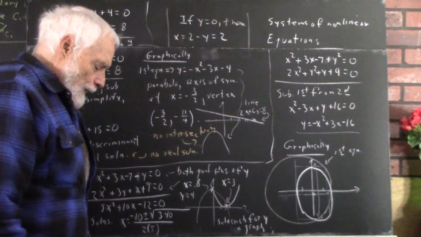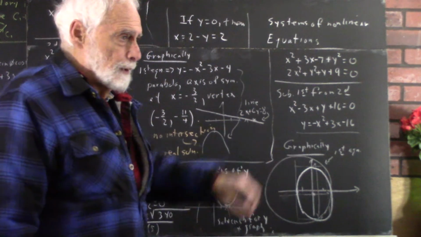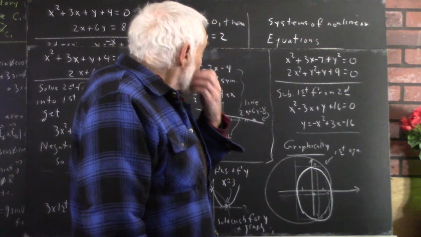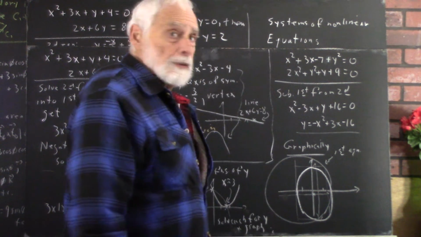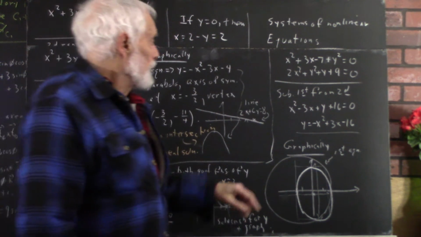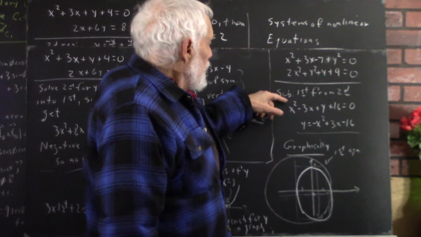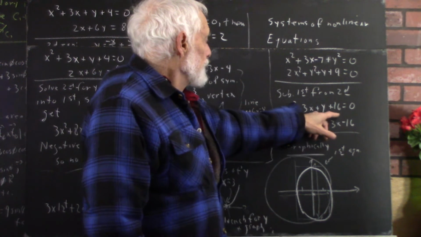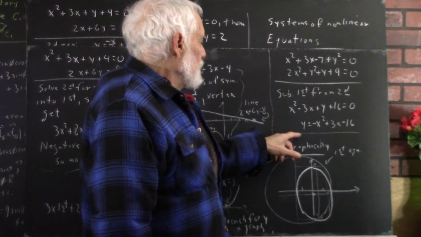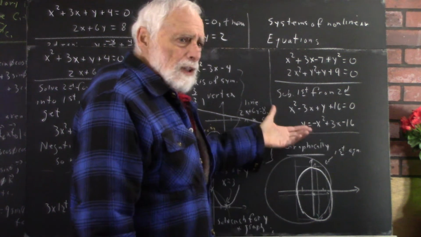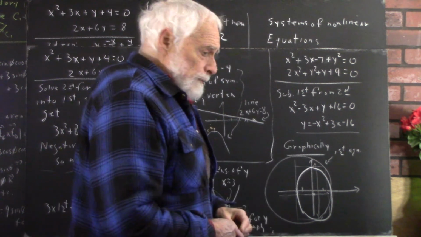Another example, it's kind of interesting, but way beyond what I'm likely to ask you. In this system of equations, you can subtract the second equation from the first, and you get this, which gives you y equals negative x squared plus 3x minus 16, but you haven't eliminated a variable.